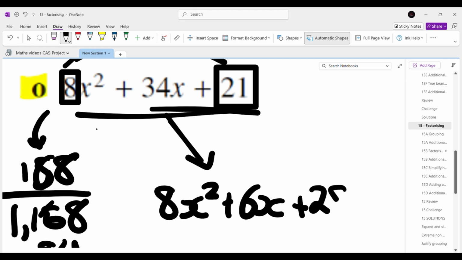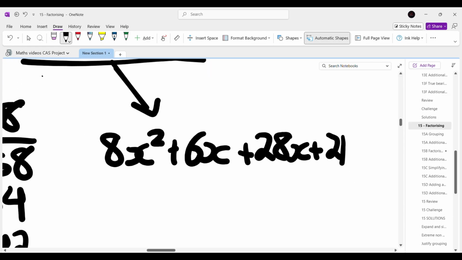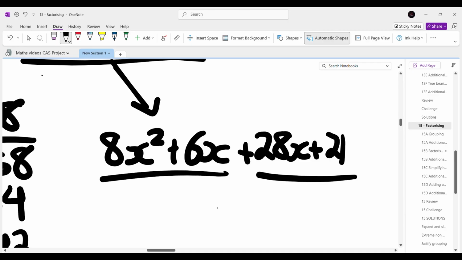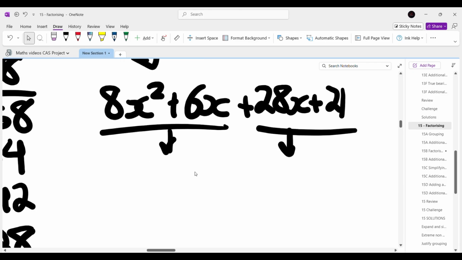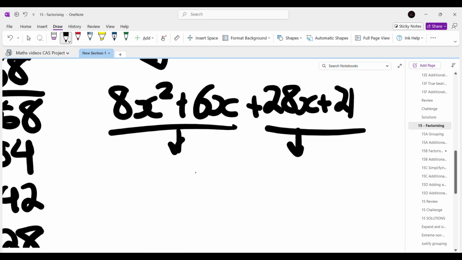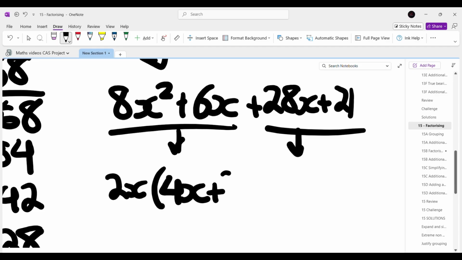Plus 28x plus 21. Now remember, we just take the first and second bits, find a common factor, and group them. So we'll take out 2x to get 4x plus 3.